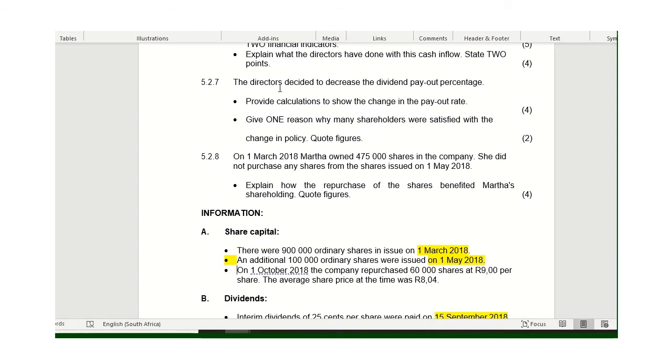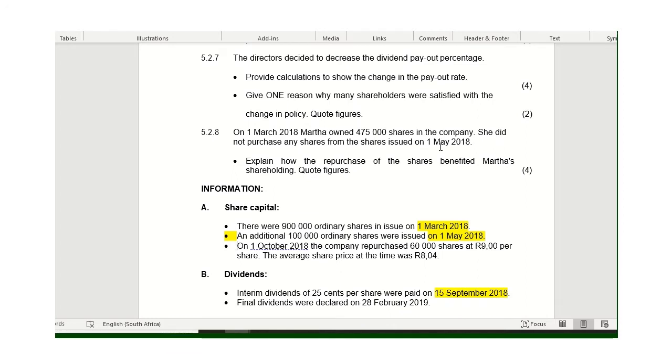The directors decided to decrease dividend payout percentage. Remember that when they pay out dividends, it is a percentage of the profit. They do not pay out all the profit as dividends, as that would be reckless. They need to keep some back for the operations in future as working capital, and to cover whatever expected expenses there may be.